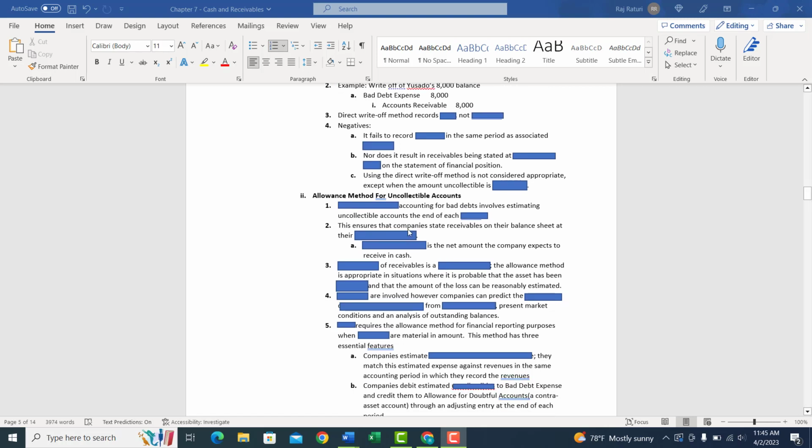The allowance method of accounting for bad debts involves estimating uncollectible accounts at the end of each period or cycle. So this is more definitive in time period. This ensures that companies state receivables on their balance sheet at their net realizable value. And the net realizable value is the net amount the company expects to receive in cash. So in this example, we know the actual time period, you know exactly when.